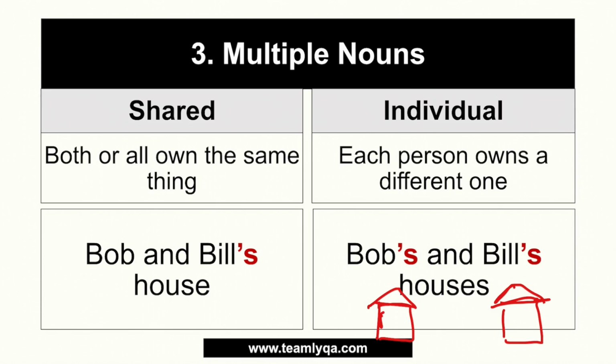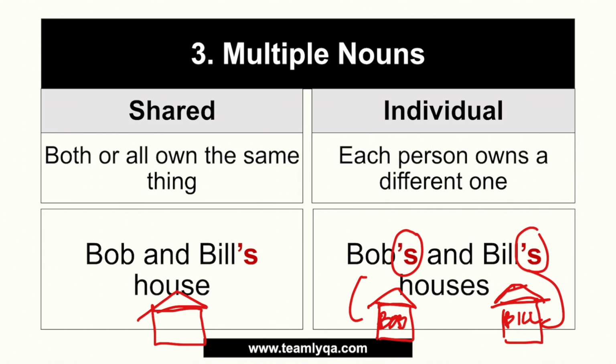Ito yung kay Bob at ito yung kay Bill. So, dalawang hiwalay na bahay, dalawa rin ang may-ari. So, ibig sabihin, yung apostrophe S, dapat tig-isa sila. Okay? So, again, kung isa lang ang bahay at dalawa silang may-ari ng bahay, it becomes apostrophe S sa dulo lang. Kung tig-isa sila ng bahay, pareho silang may apostrophe S.